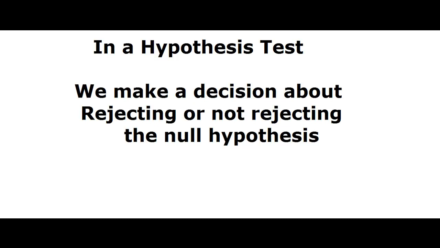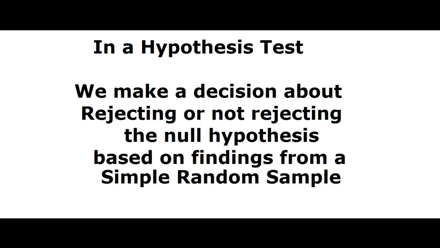So note that in our basic course, when we do a hypothesis test, we formulate a null hypothesis and then we make a decision about rejecting or not rejecting the null hypothesis based on what? Based on findings from a simple random sample.